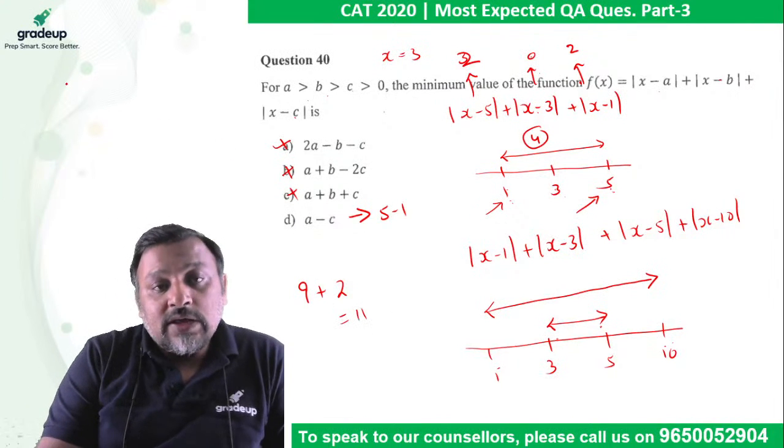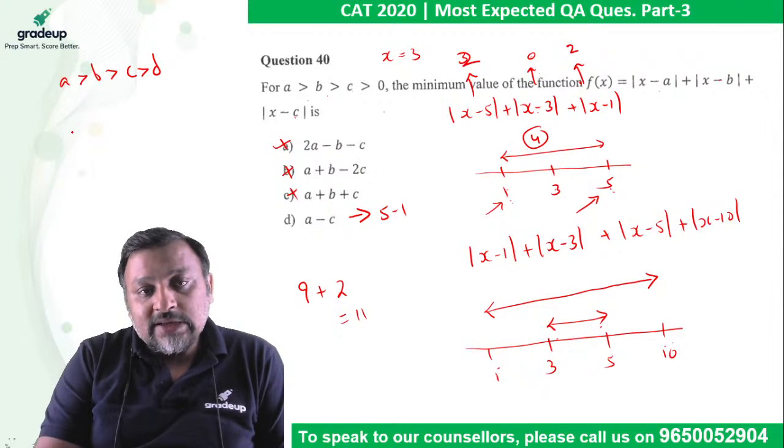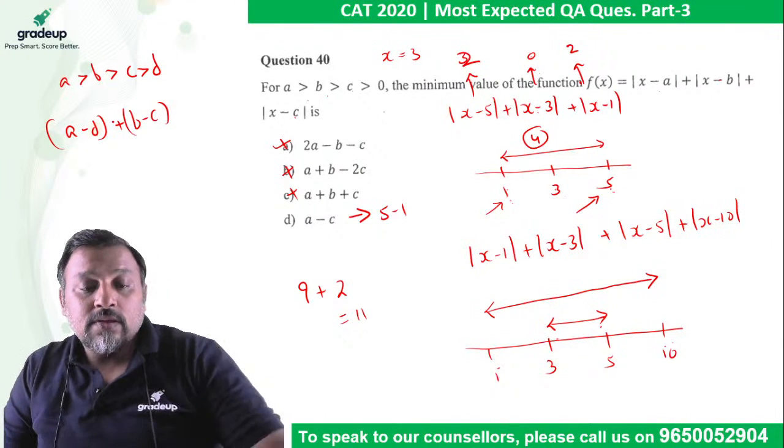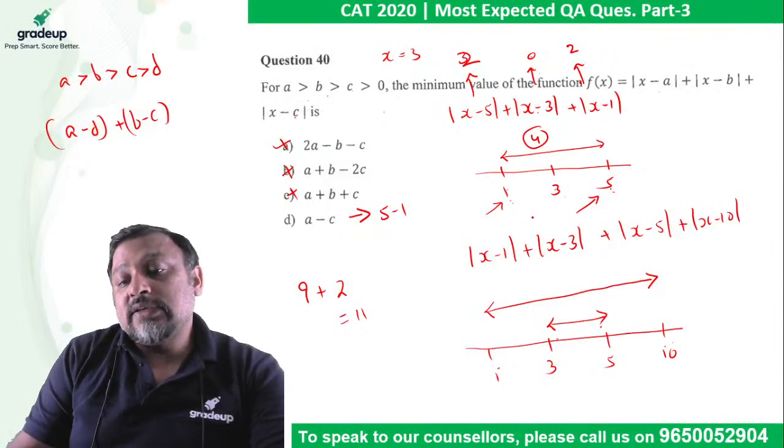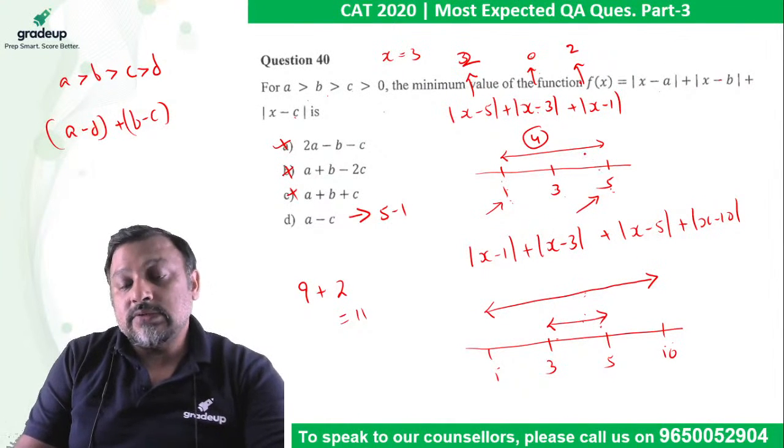So that means if there are 4 points such that A is greater than B greater than C greater than D, the answer in that case would be A minus D plus B minus C is the minimum. For even, it is the sum of these two regions. For odd, it is this.